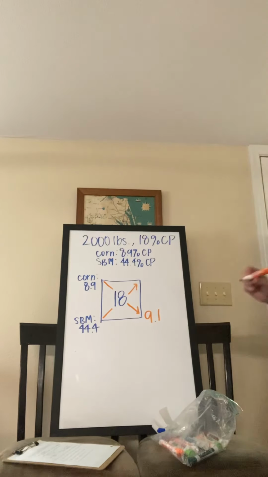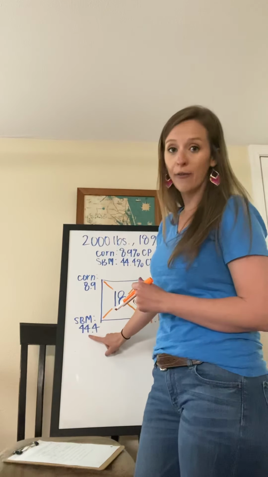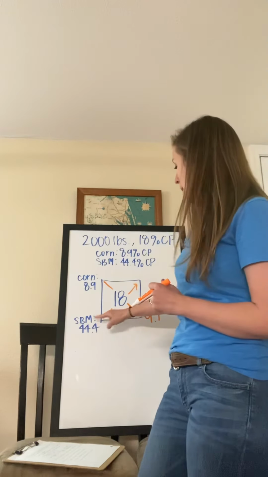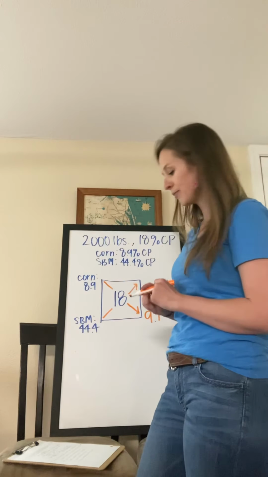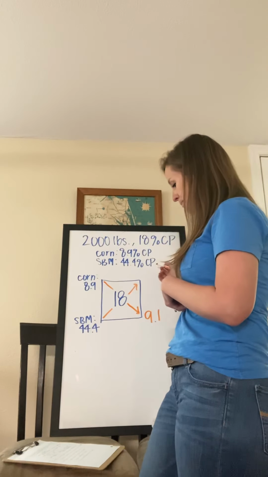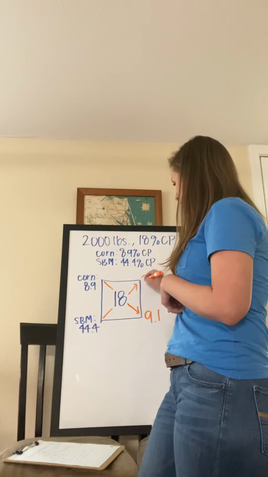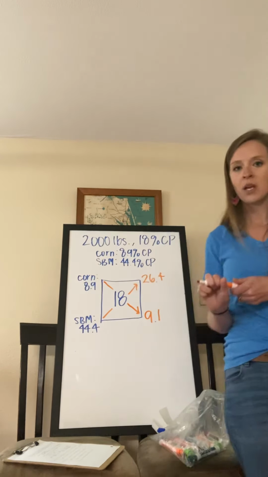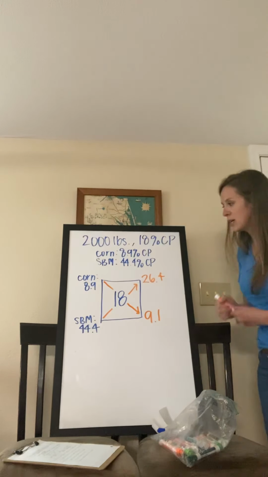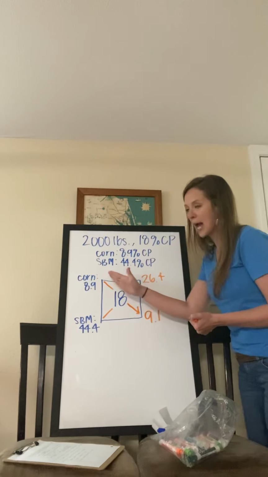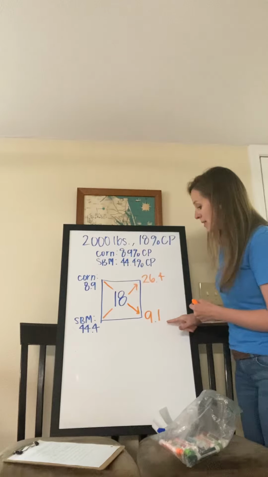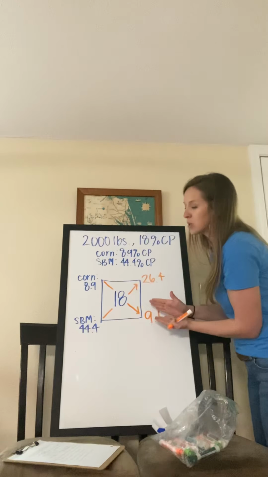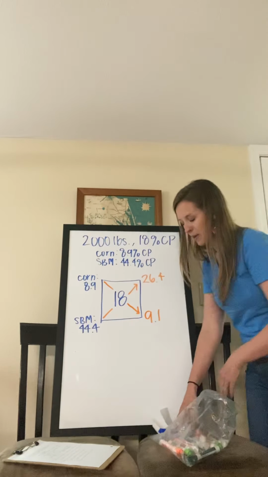Here, we're gonna say 44.4 minus 18, and that would give us 26.4. All we did was go diagonally across. The arrows just show you where to write the new number, and all we did was subtract those two things.